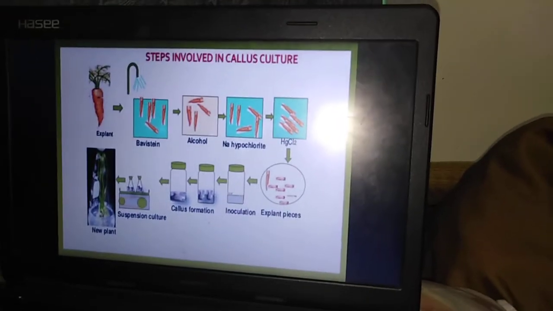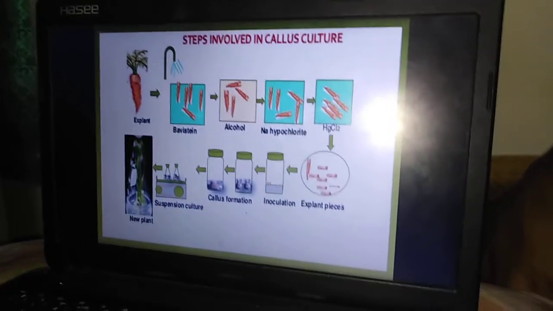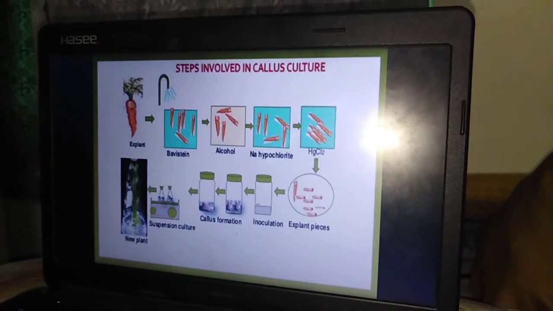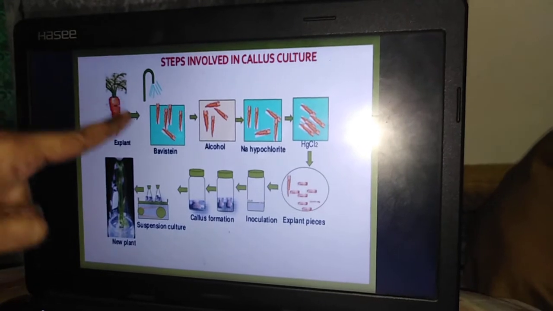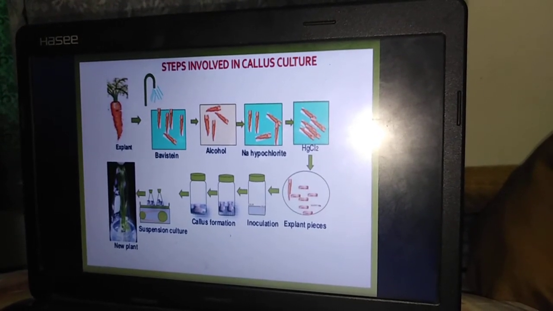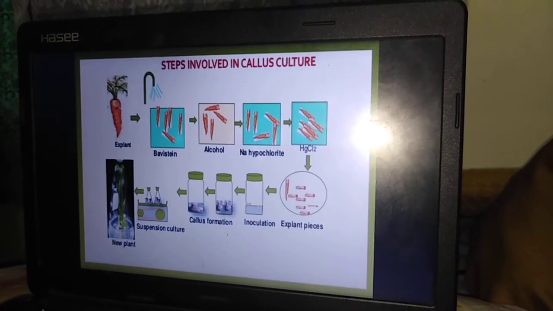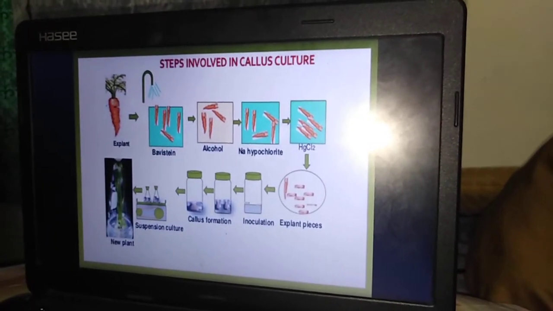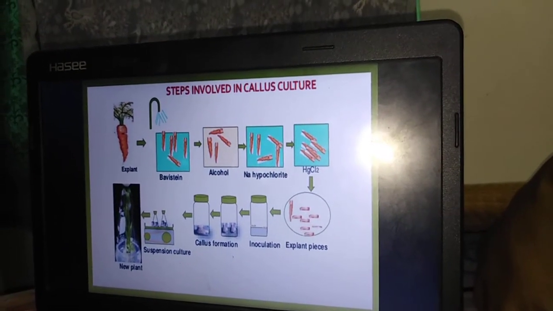This is the schematic representation of callus culture. The explant material, for example here we are showing a carrot. From this carrot we are going to slice small pieces. After that it should be washed with running tap water, followed by soap solution, that is detergent solution; here we are using Bavistin. Then it is treated with alcohol, then sodium hypochlorite and mercuric chloride solution.